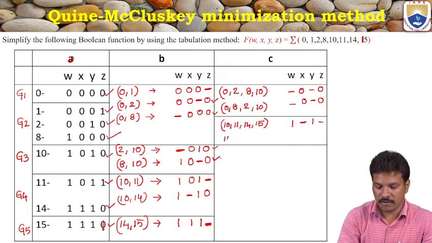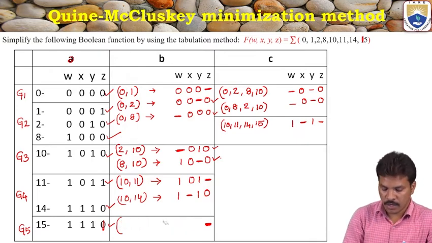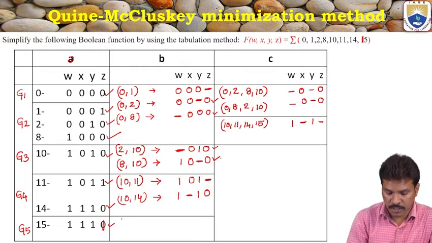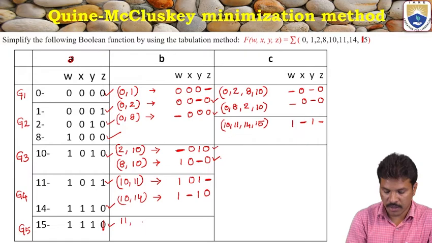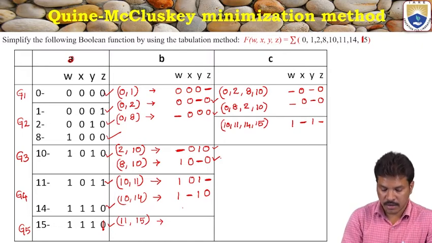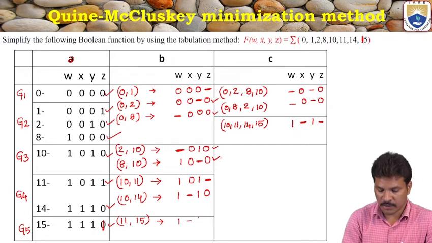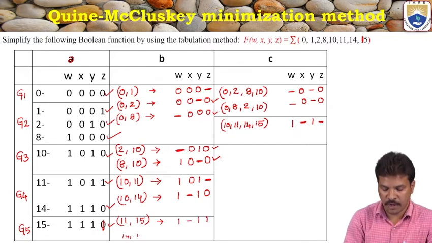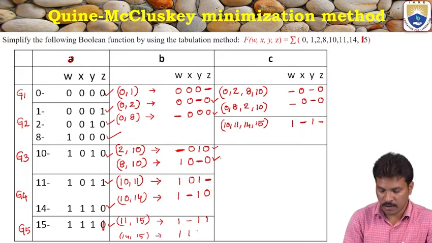And next 10, 14 and 14, 15, and 11, 15. We can also have two groups here: 11, 15 is 1 dash 1, and 14, 15 is 1 1 1 dash.